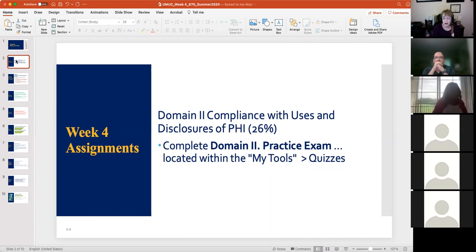So using PHI is within the facility, and disclosure is with anyone outside of the facility. And I don't mean logistically, I mean employment wise.